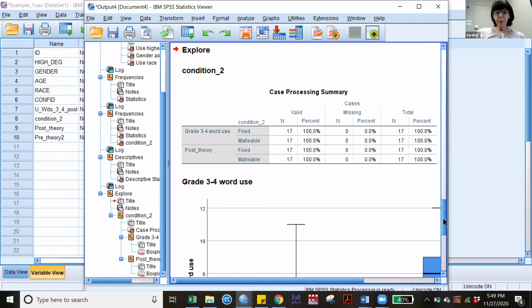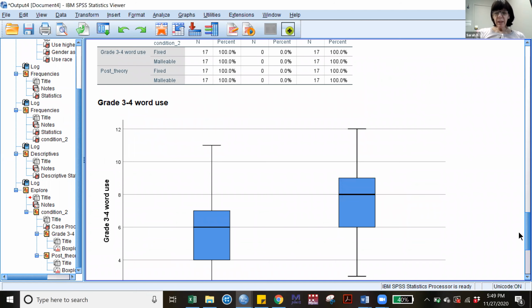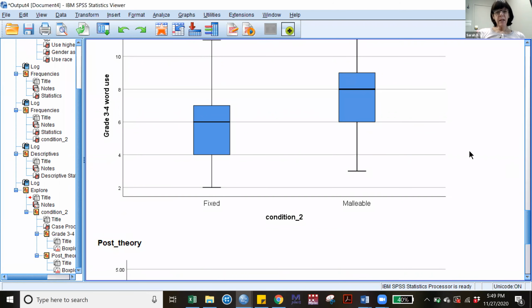So we've asked for the plots, and the first one that pops up is word use. And what we see is that descriptively, the malleable group, that was our factor, was the condition. The malleable group are using more words at the 3rd or 4th grade level in their lesson. Around 8 is the median value.